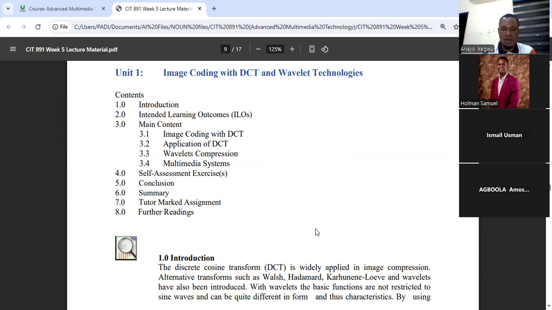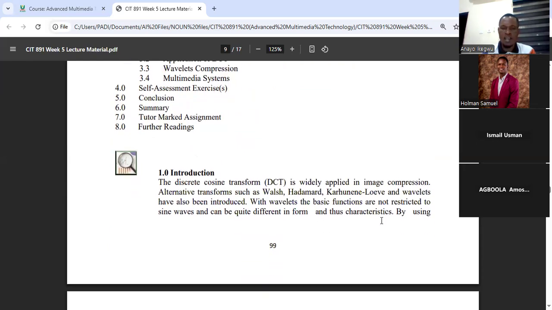So we'll look at the areas where it has been applied. As we can see here, DCT has been applied in image compression. Remember what we discussed about image compression, lossy and lossless images and the rest of them.